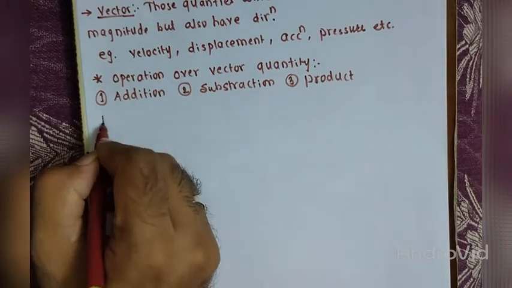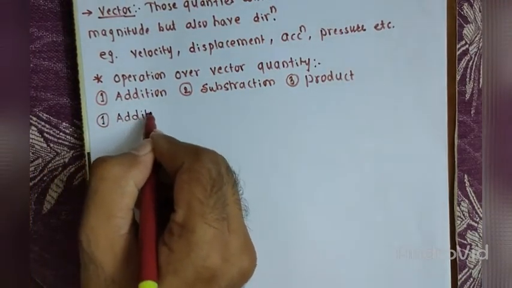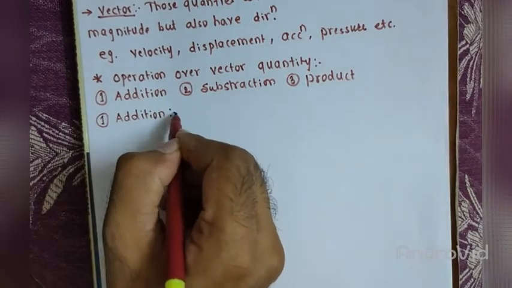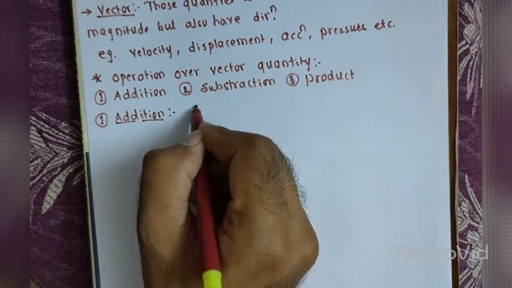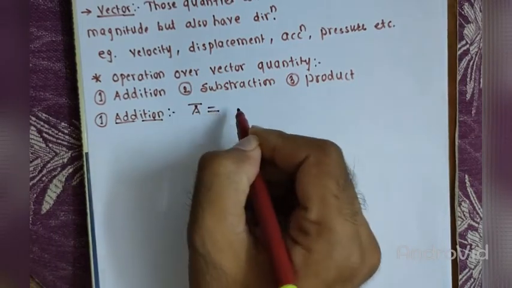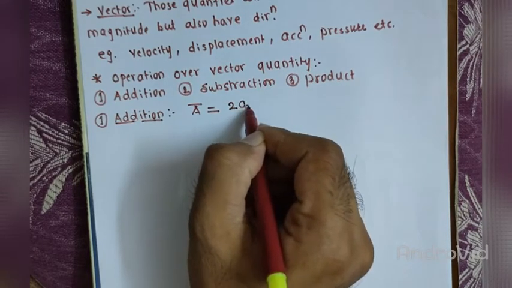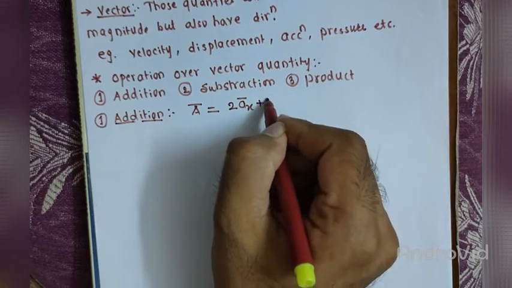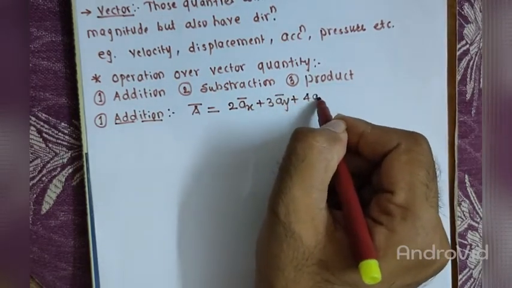Let us say first addition. So how to add vectors, maybe two or more vectors. Suppose for example I have a vector, let's say a bar, and I am going to consider a random example, let's say 2ax bar plus 3ay bar plus 4az bar.